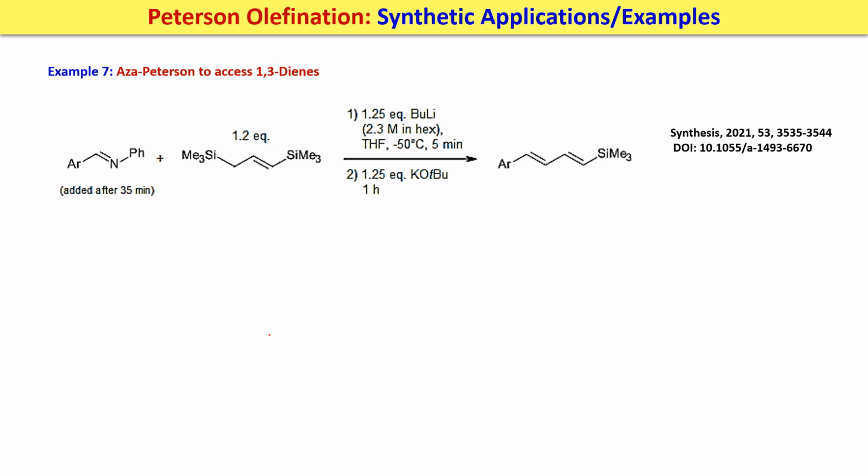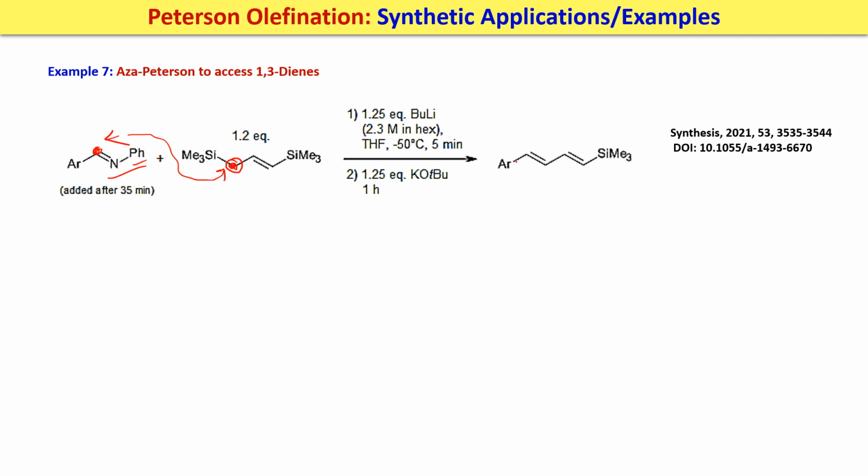Now until now we have seen carbonyl compounds. It may be aldehyde, it may be ketone, but now you can see phenyl substituted imine, right? And also this SiMe3 containing compound, that is another reaction partner for Peterson olefination. Here also we are seeing two SiMe3 groups, but actually we have to focus on this CH2, where the actual reaction will take place. The actual connection will be taking place between this CH2 and this carbon.